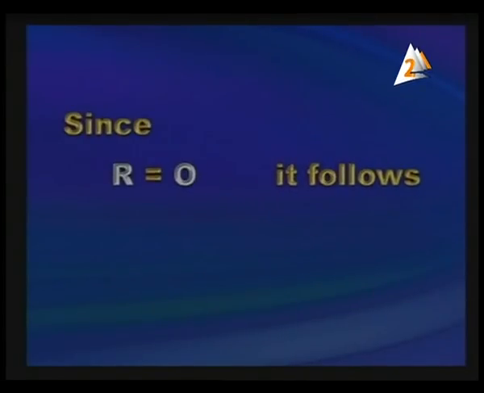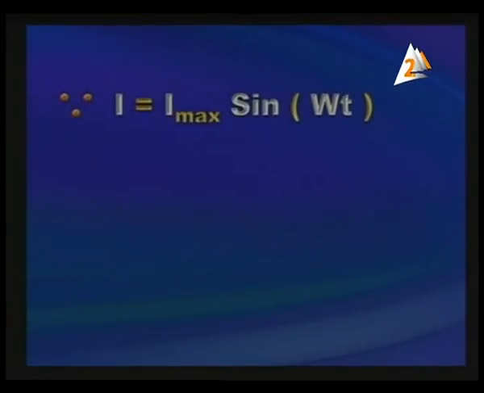Since R is equal to 0, the ohmic resistance is 0, so we can say V is equal to L di by dt. I is the instantaneous current, and we've got an equation for the instantaneous current: I instantaneous is equal to I maximum sine omega t.